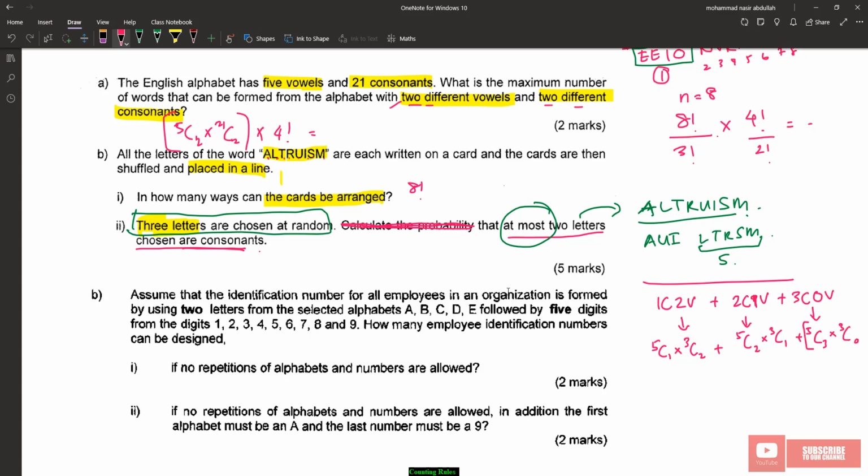So put brackets so it does not look confusing. This is the way. Right, and you calculate the answer. It should be how much? 45, 46.